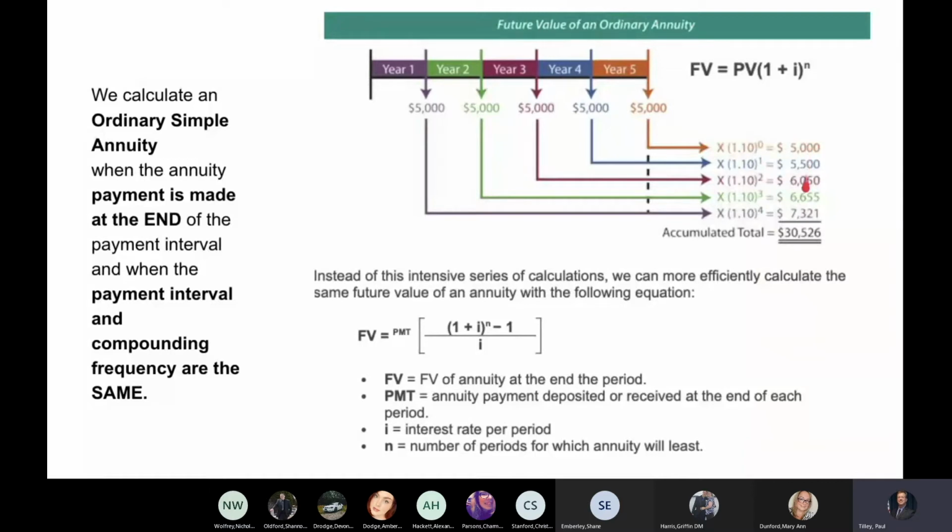If we add up all of these individual payments, it would come to $30,526. In other words, that $25,000 in raw money would have grown to $30,526. Now, this is a cumbersome calculation. We got to do 5 individual calculations in order to come up with this, right?